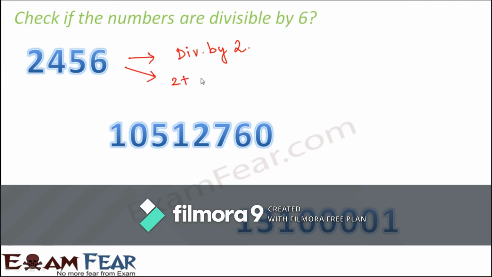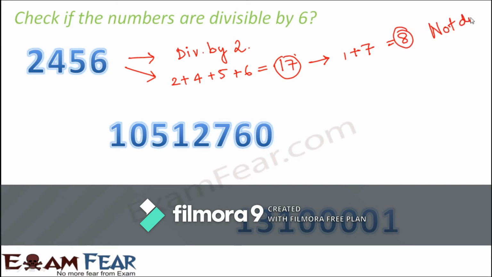Now when you check its divisibility by 3, you need to sum the digits, that is 2 plus 4 plus 5 plus 6, which comes out to be 17. Now if you are not sure if 17 is divisible by 3 or not, then again sum the digits. So you get 8, and 8 is not divisible by 3. And therefore this number will not be divisible by 6.